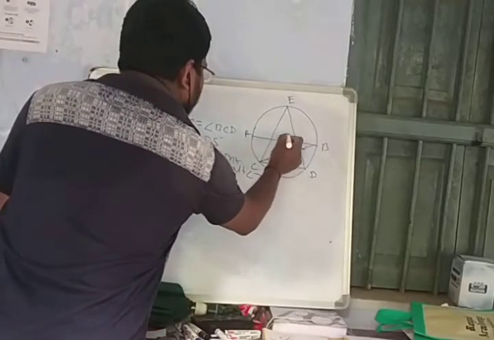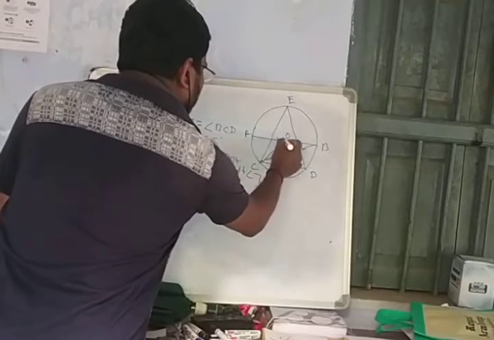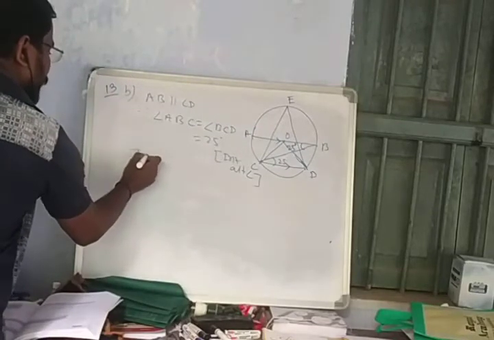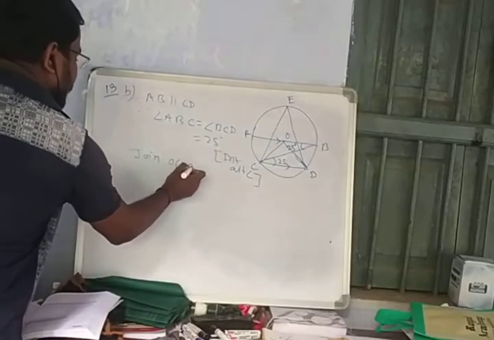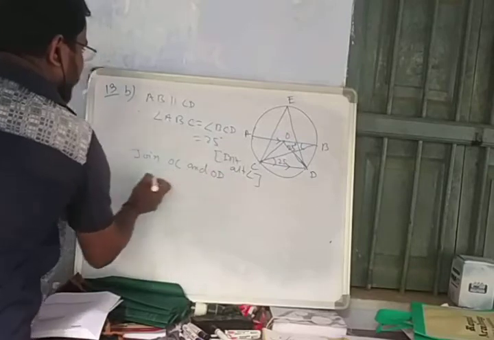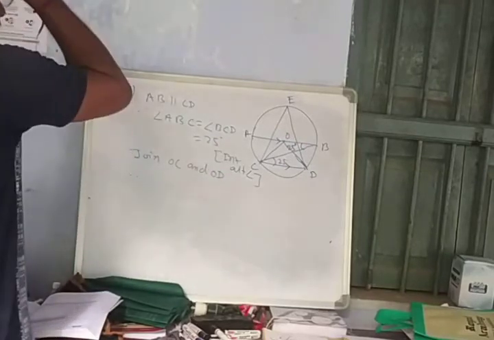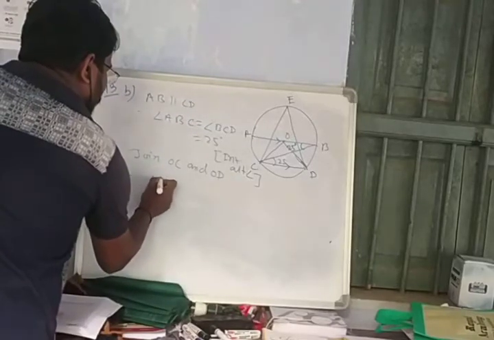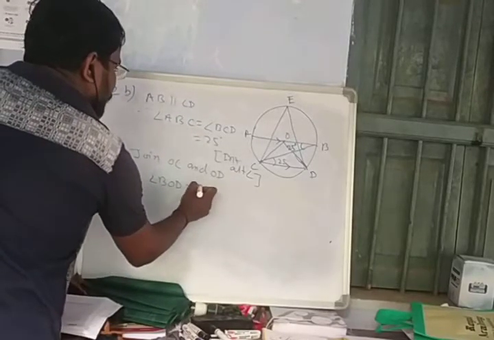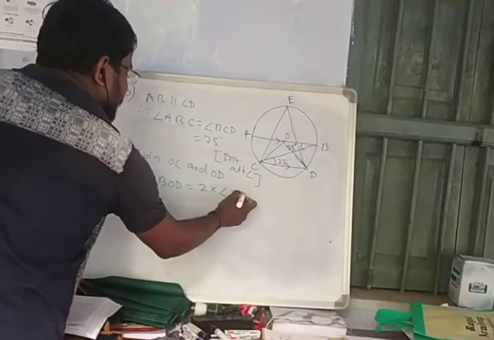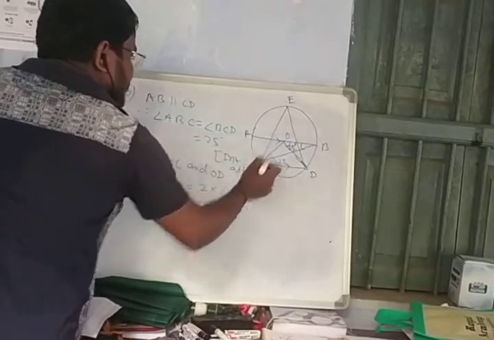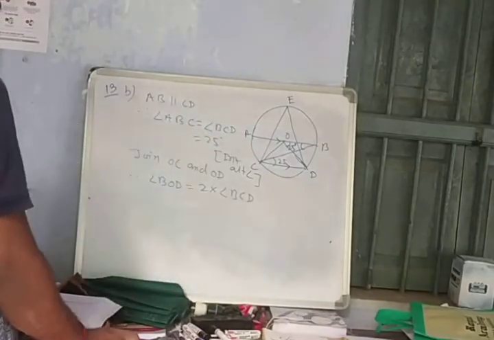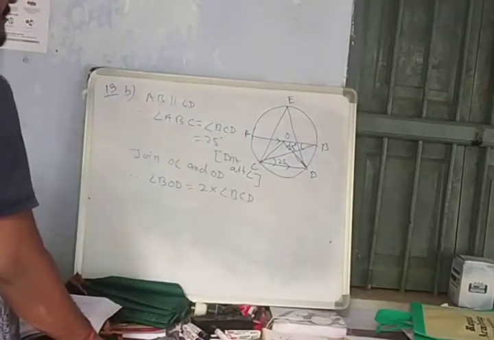Now all of you join OC and OD. Therefore, angle BOD will be twice BCD. Angle at the center on the arc BD is BOD, and angle at the circumference on the arc BD is BCD.